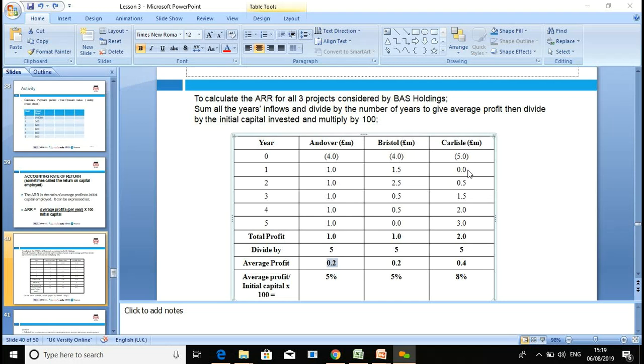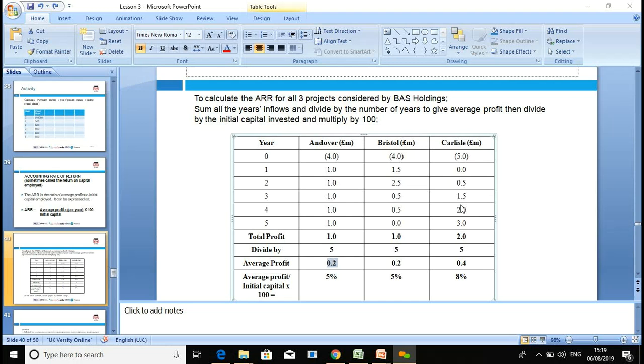But now we have 5 million spare cash. If I invest in project C, I won't get any cash back in year 1. But in year 2, I'll get 0.5 million. In year 3, I'll get 1. Year 4, I'll get 2. Year 5, I'll get 3.